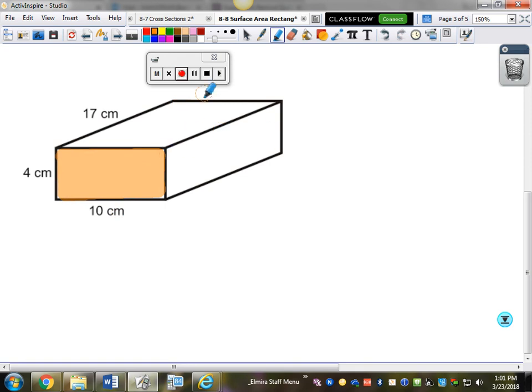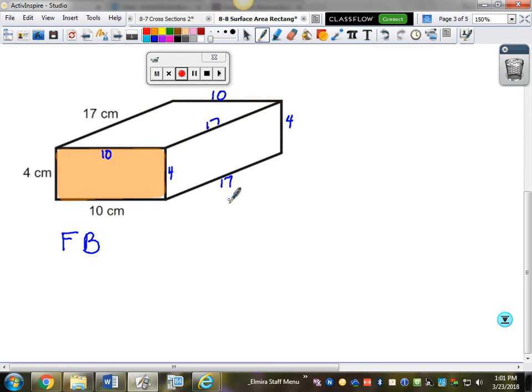We've all seen a box, so you know that boxes have a front and a back. I'm going to label: if this is 4, this is 4, that's 4. If this is 10, this is 10. All the horizontal lines are 10. The diagonal is 17, this diagonal is 17, that diagonal is 17.